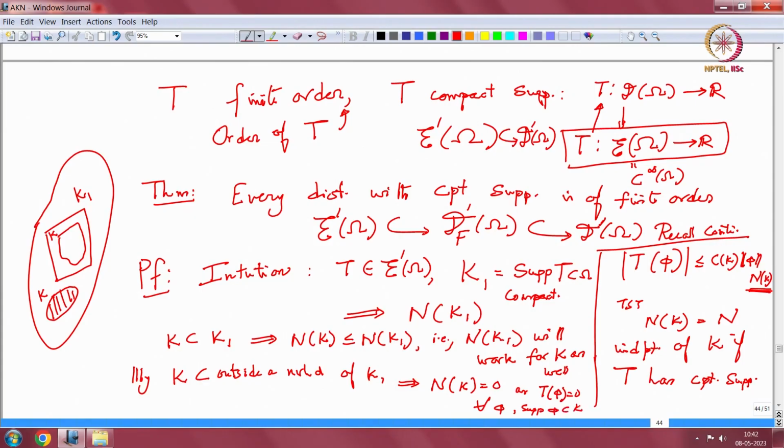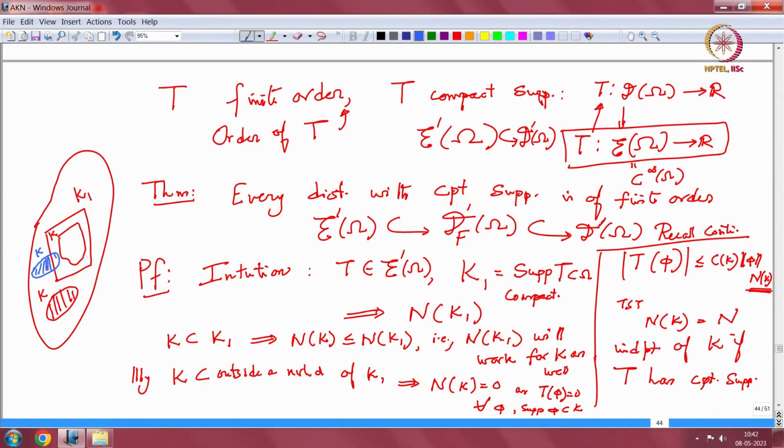So, the only problem will come, let me use a color, if there is a K something like this intersecting. This is where it may contribute, but if K is little away from K1, essentially no contribution.